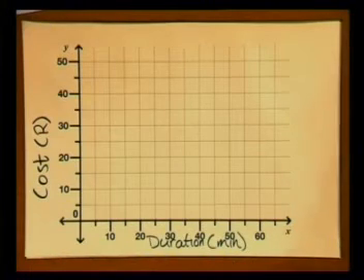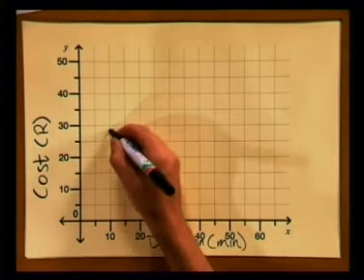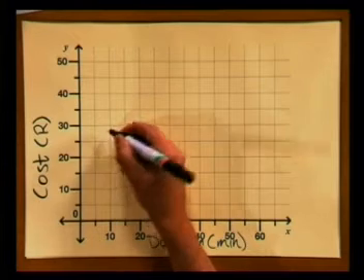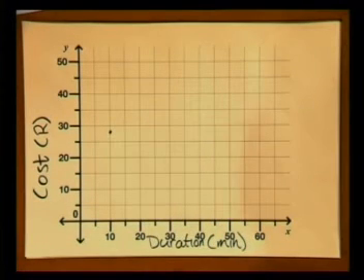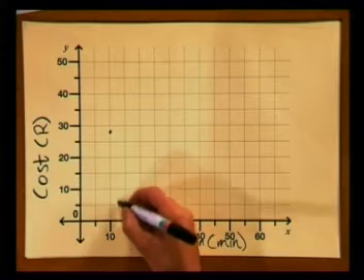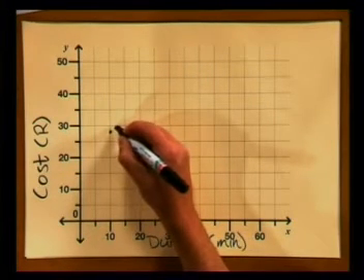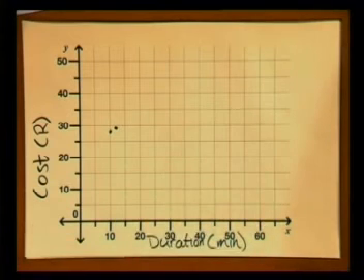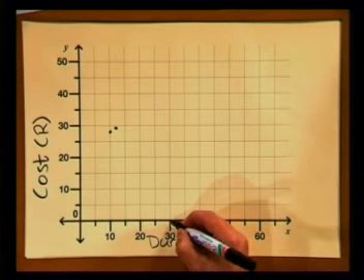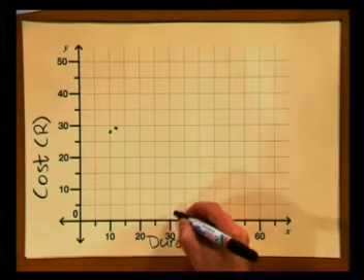Now I can plot the point where x is equal to 10 minutes and the cost is equal to 28 Rand, like this. Where x is equal to 12 minutes, the cost is 29 Rand 60. So the y value is closer to 30, round about over there. Another point is where x is equal to 30 minutes and the cost is 44 Rand.